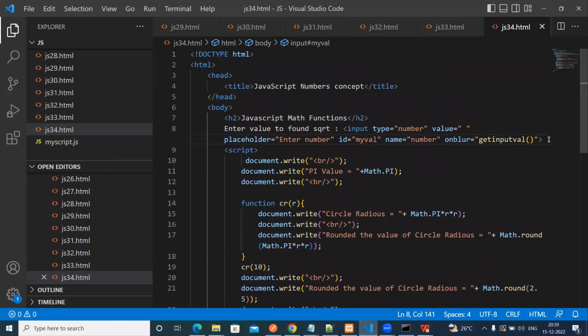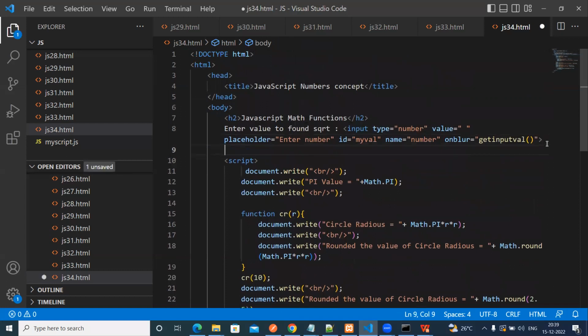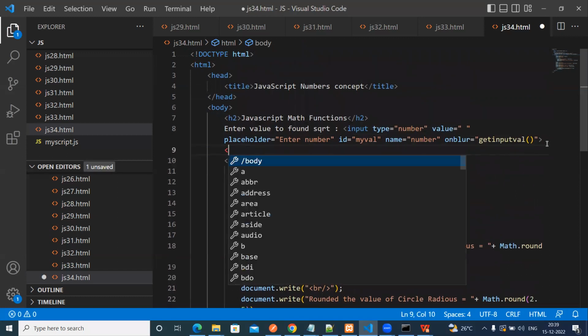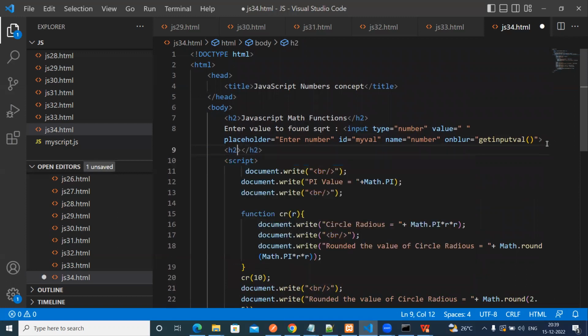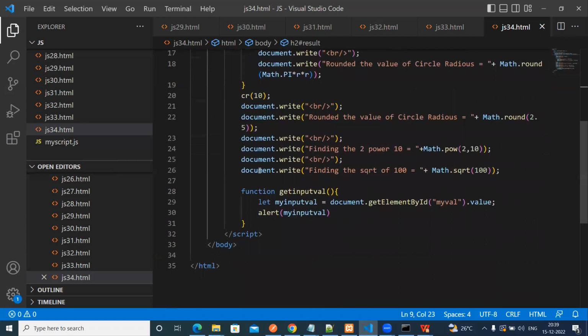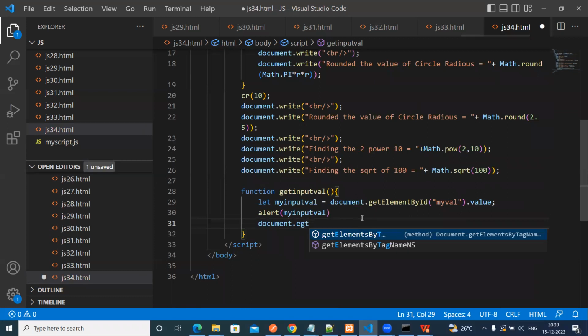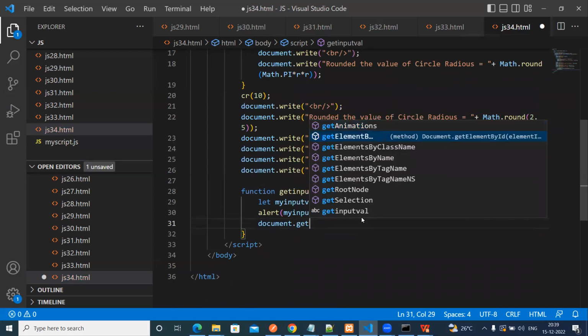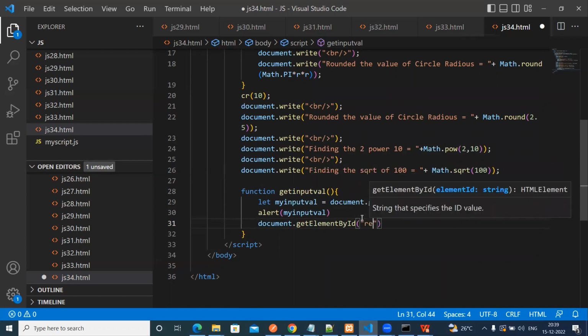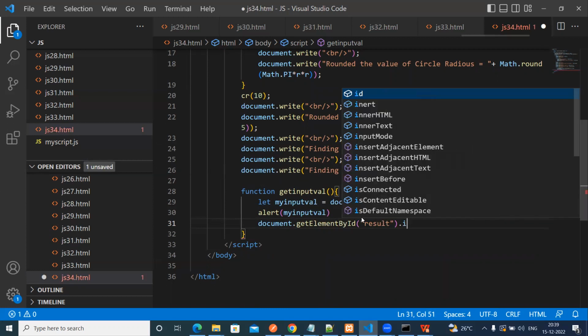Now after this, document.write, sorry, div and h2, we can give the id equal to result. Suppose you want to find out the math square root, then we can append that value: document.getElementById result, then dot innerHTML.